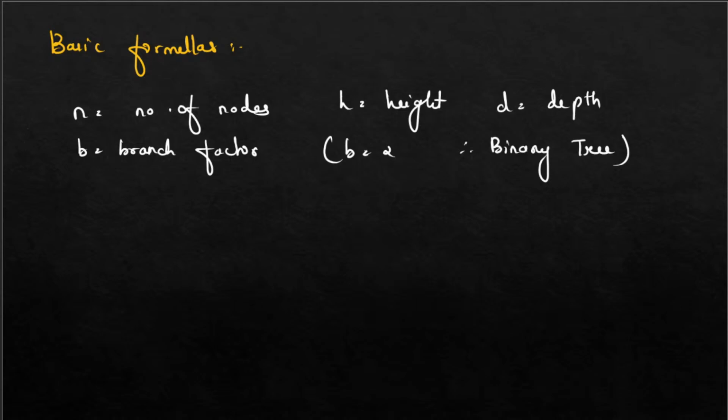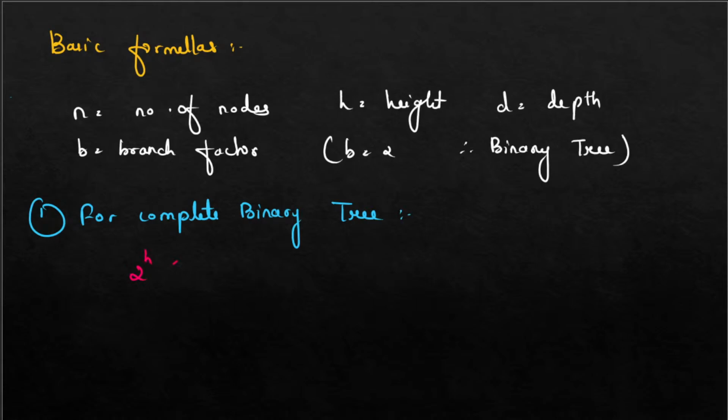Let's discuss about complete binary tree. First is for complete binary tree, which is 2 to the power h is less than or equal to n is less than or equal to 2 to the power h plus 1 minus 1. Like this. Okay.